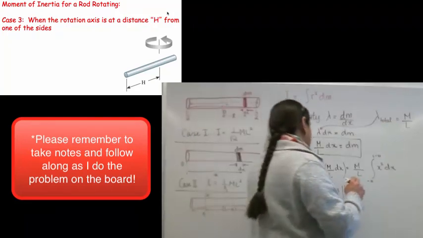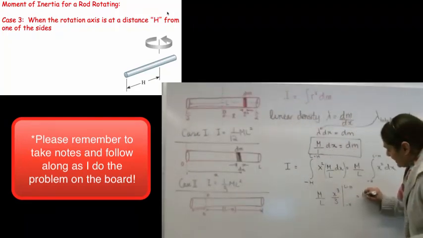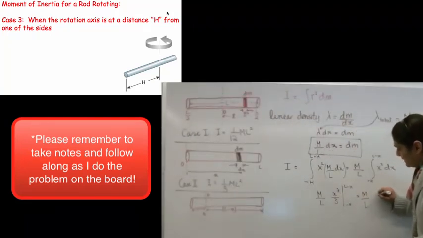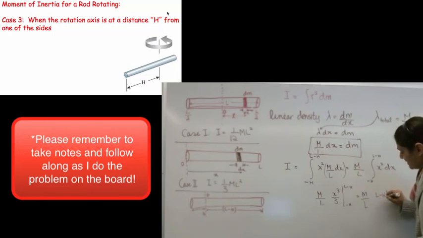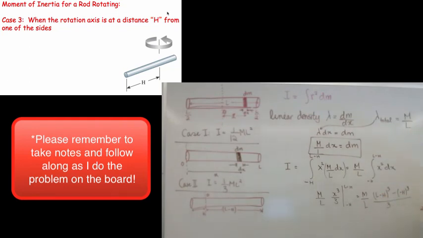I plug those values in here, and I'm going to get m over 3L times (L minus h) cubed minus (minus h) cubed. Okay, now we can expand these because we know the formula for (a minus b) cubed, or we could leave it like this. But this is basically what the answer is going to be.